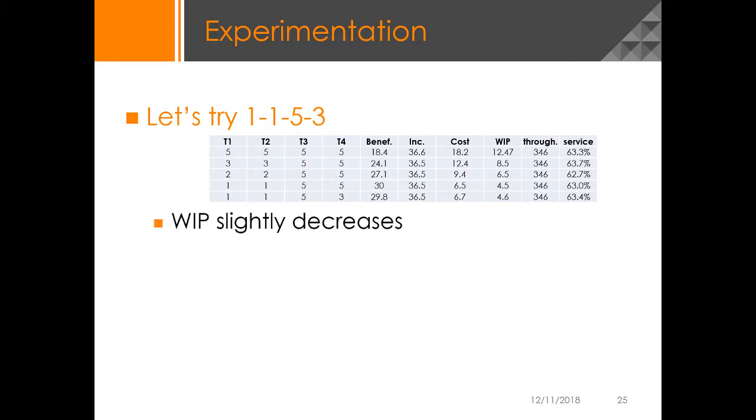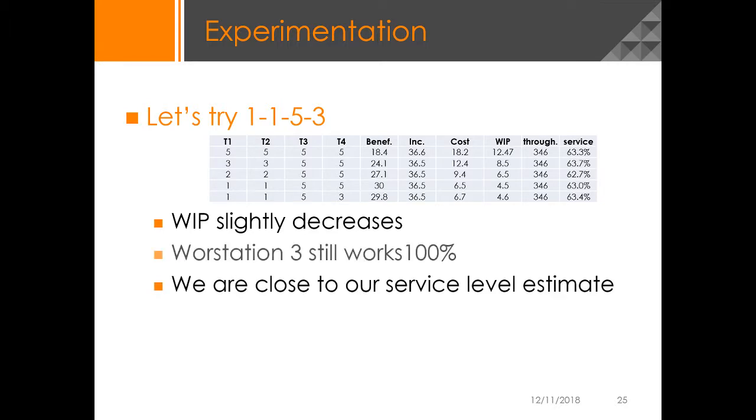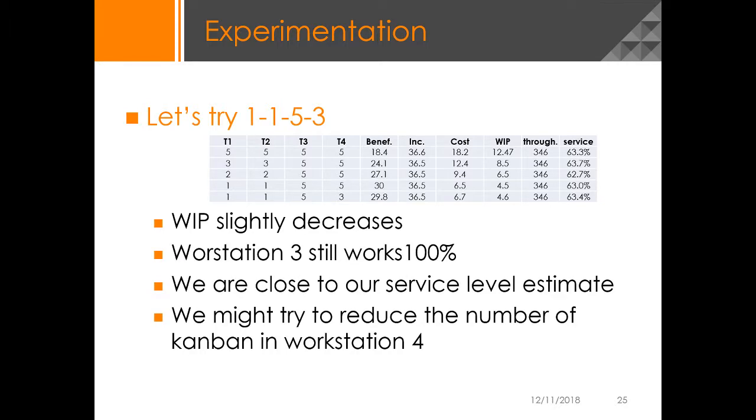Anyways, there's a typo there. The weight slightly increases, sorry, but it's because of the reason I mentioned. And we might try to reduce again the number of Kanban in workstation 4 to check if that actually has an impact or not.